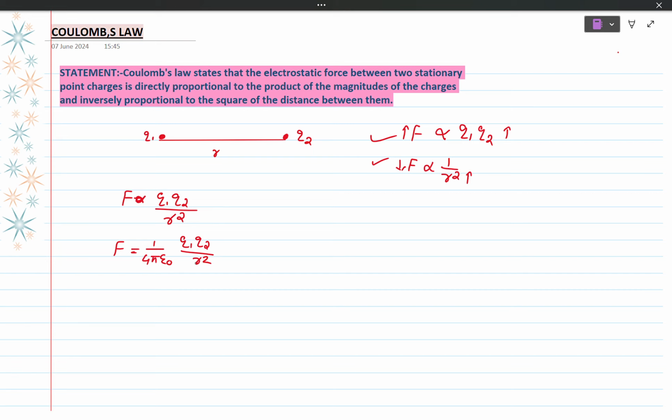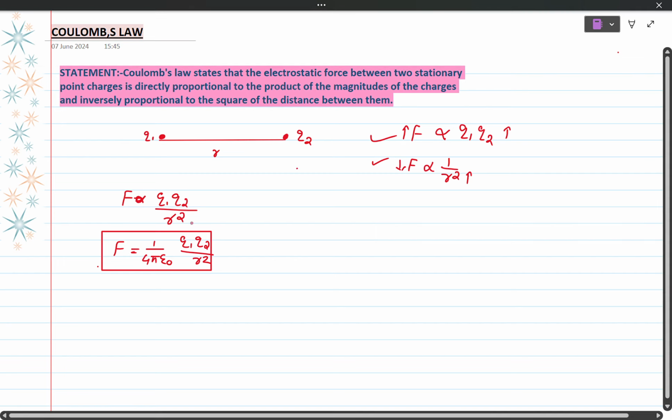Okay, so this is the equation, the mathematical form of the equation. I hope you understand it well.